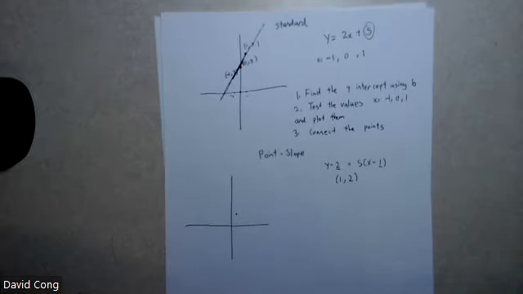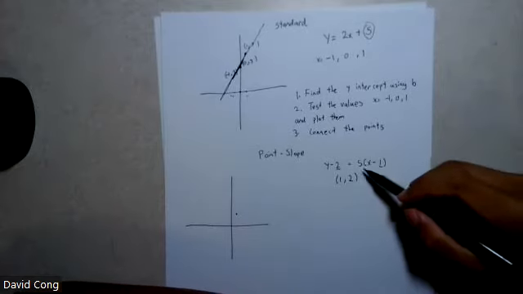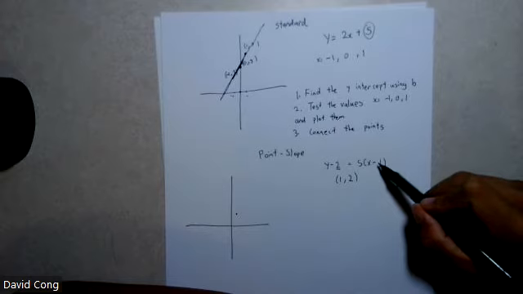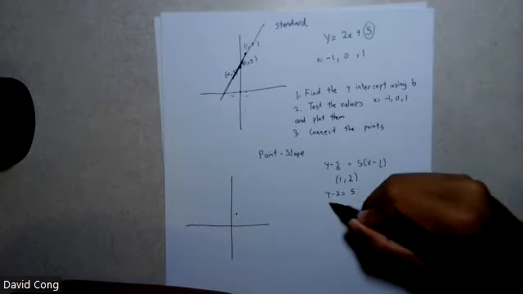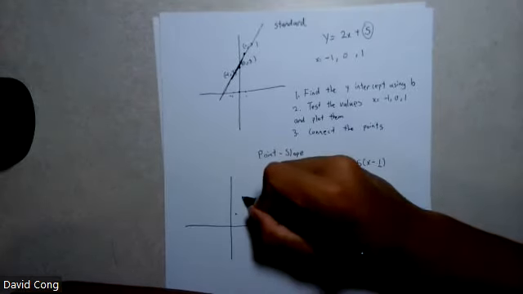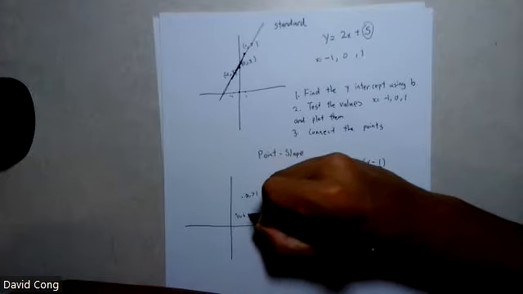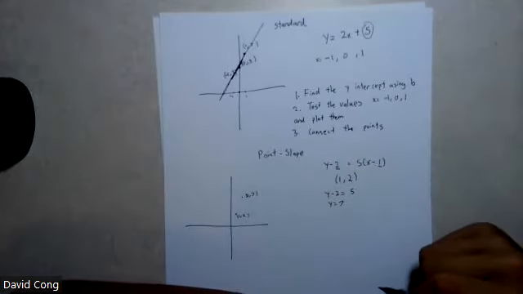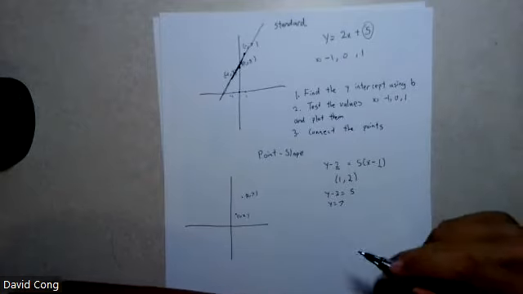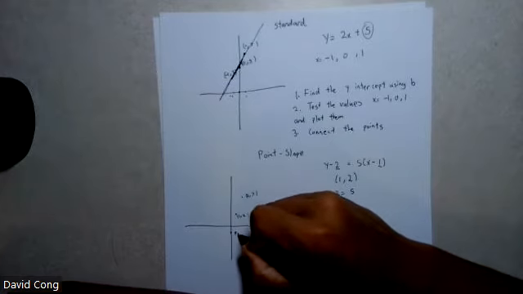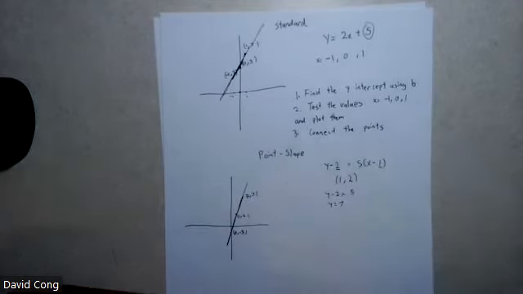So 1 greater, which would be x equals 2, we can plug it in. So 5 times 1 equals 5. We have y minus 2 equals 5, so we get y equals 7. We get 1, 2 and 2, 7. Now we test 1 less, x equals 0. So we have -5 plus 2, which is -3. So we get 0, -3. We connect the points, and that's our line.